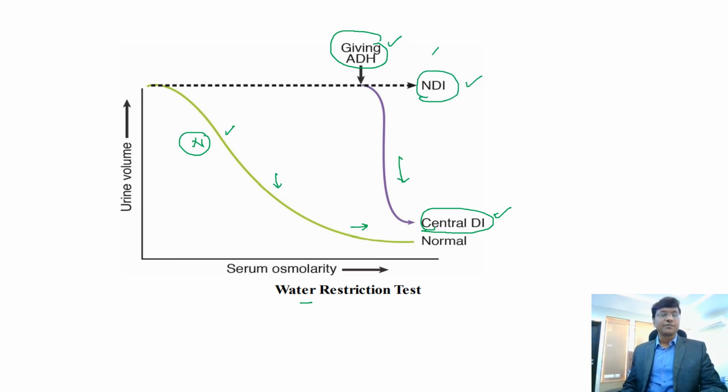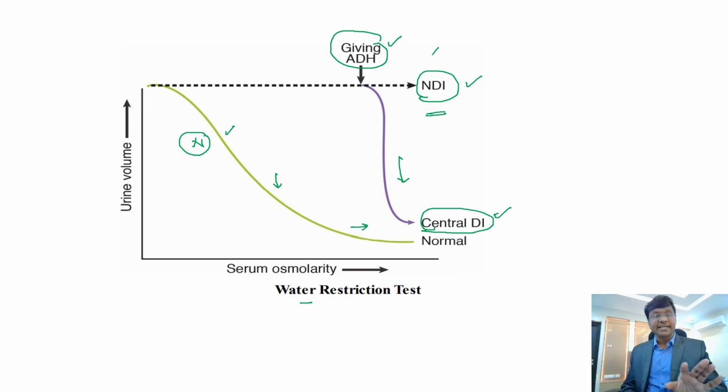So in spite of doing water deprivation and in spite of giving the antidiuretic hormone, in patients with nephrogenic diabetes insipidus, there is excessive water excretion. So in summary, in central diabetes insipidus, when you give ADH, the urine excretion decreases. But even though you give ADH, in patients with nephrogenic diabetes insipidus, the urine excretion does not decrease. So that is the summary.